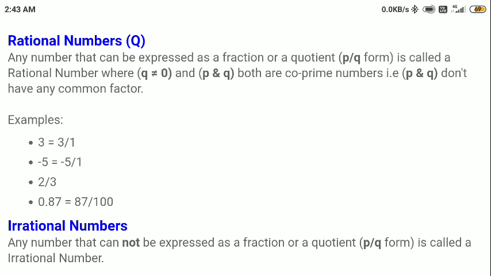That means those two numbers p and q cannot be divided by any number other than 1. So any number which can be represented in the form p by q, where q is not 0 and p and q are co-prime, is a rational number. For example, the number 3 can be written as 3 by 1, an improper fraction.